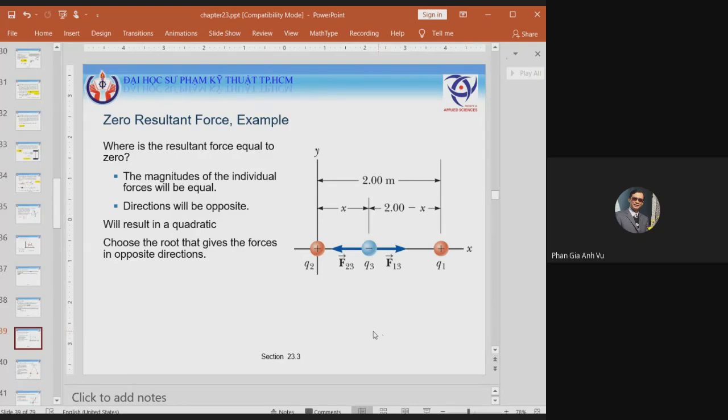So in this case, we have the so-called zero resultant force, right? You can apply Coulomb's law to find the position x here. So again, this is homework. Do it yourself at home. I send it in the Zello group.